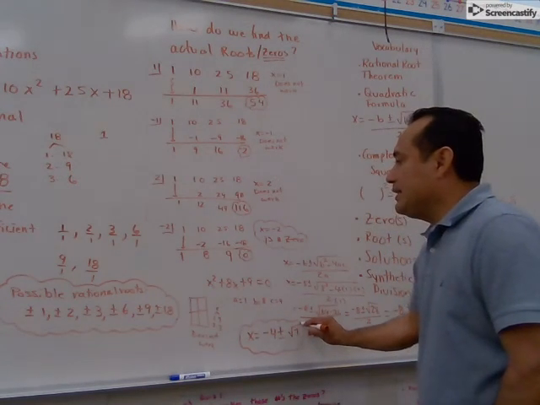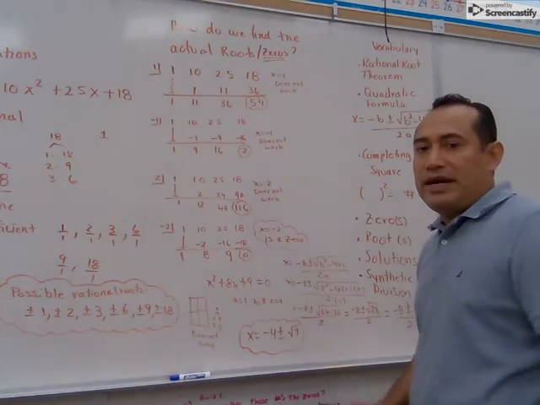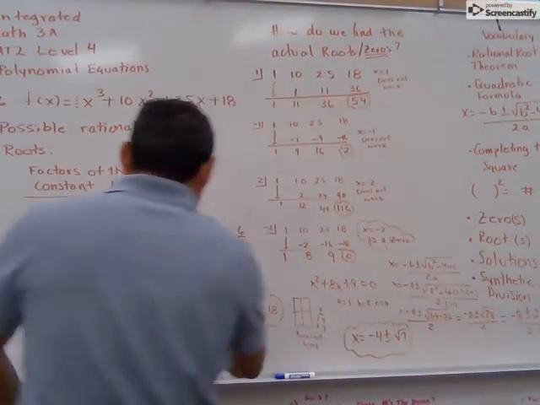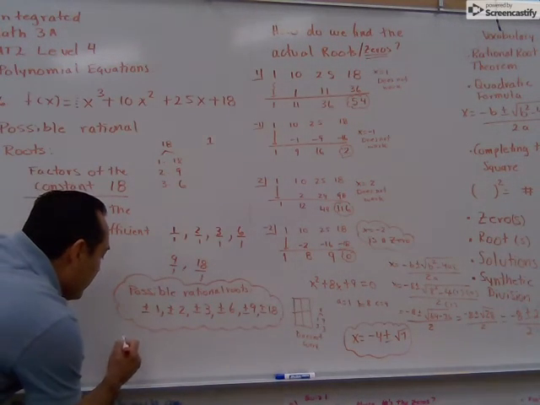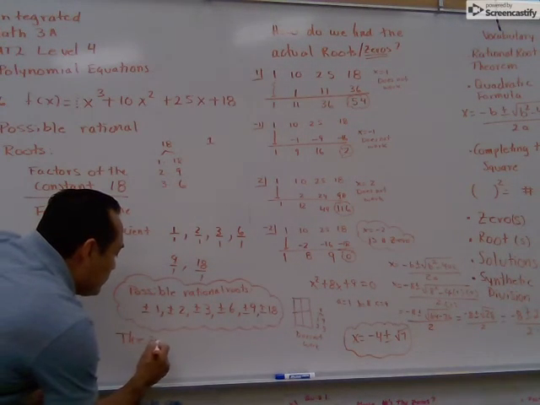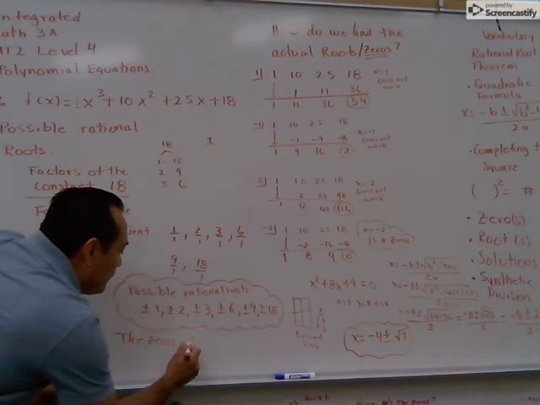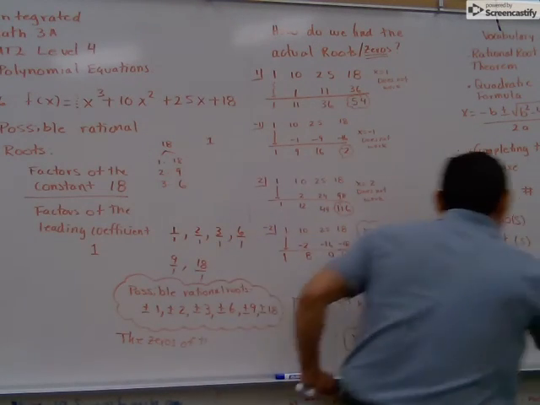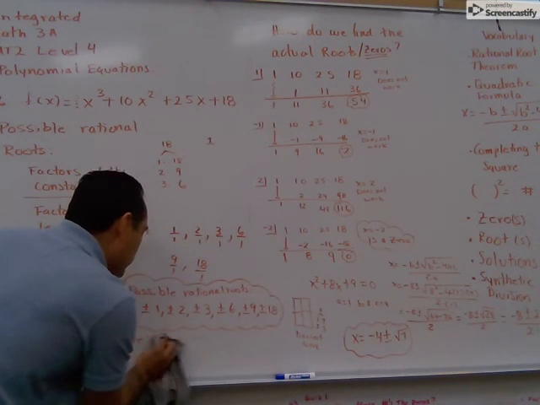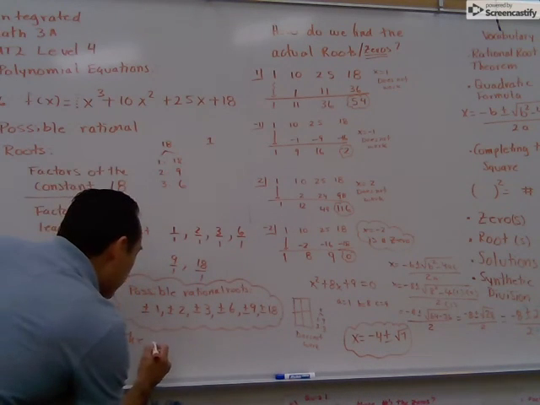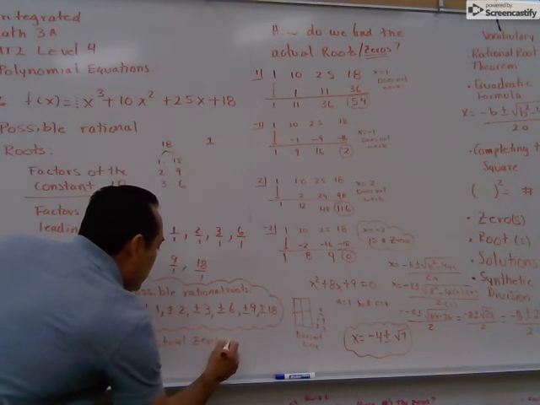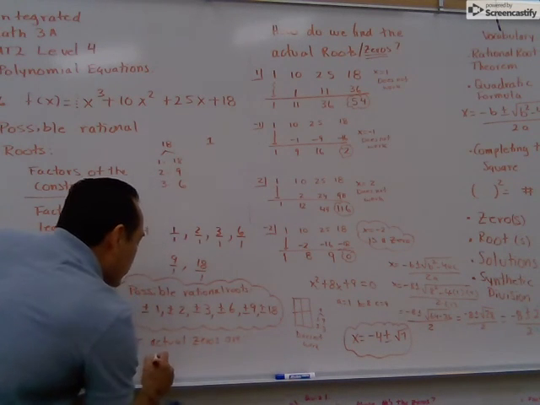So my final piece is to actually write down which are the actual zeros. And that's when I'm going to come over here. And since I have my possible rational roots here, now I can say that the actual zeros are, and then you just write them in here.